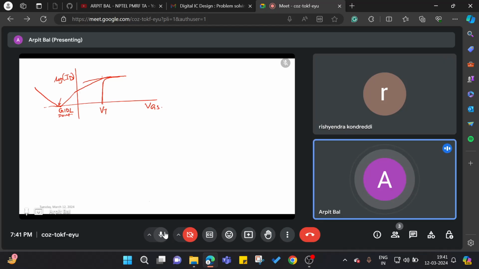No, that will only happen if you are reducing the VT. Otherwise, each time you have a capacitor, you need to recharge it to that particular value, isn't it? Okay, yes, sir.